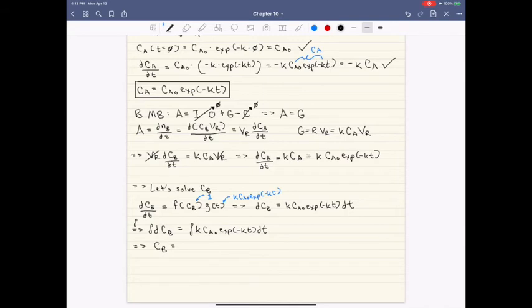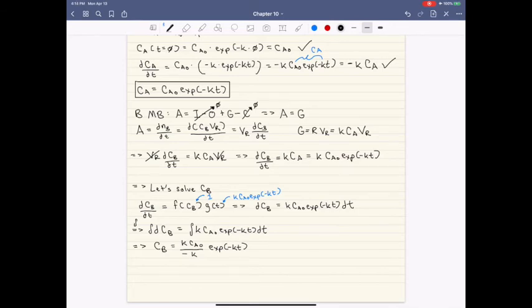For the right-hand side, it's a little bit messier of an integral. But fortunately, K and Ca naught are constants, so we could just pull those out. And we just need to take the integral of the exponential of negative Kt. The integral of an exponential is just the same function back. But because our variable is on the inside of the exponential, we also need to remember to apply the chain rule here. So we end up with a negative K on the bottom.